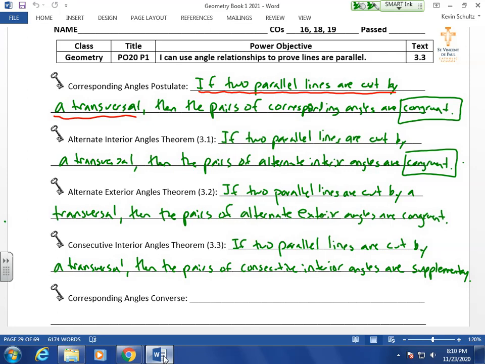That's the one that breaks the consistency of the other three relationships. They are supplementary, not congruent. Supplementary. Okay.